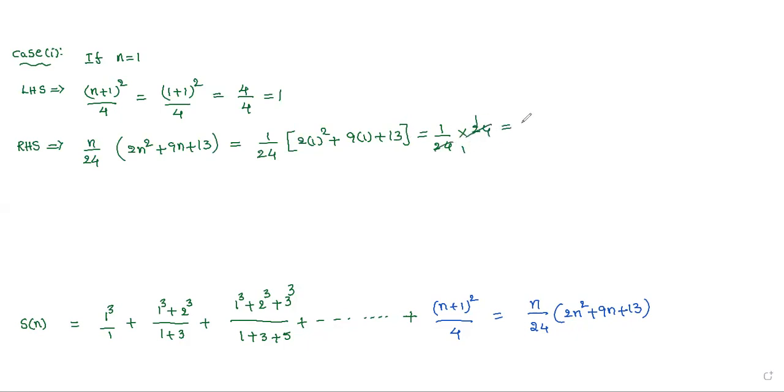The cancellation value is 1. LHS equal to RHS. S of n is true for n equal to 1. Next, case 2.